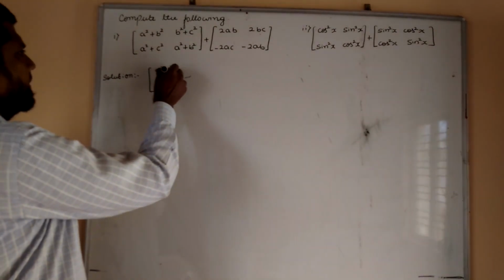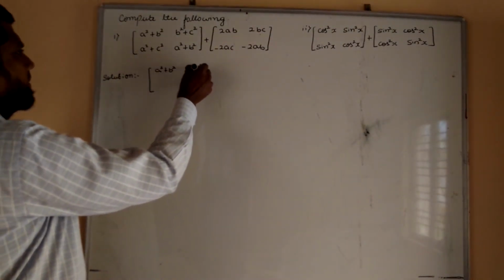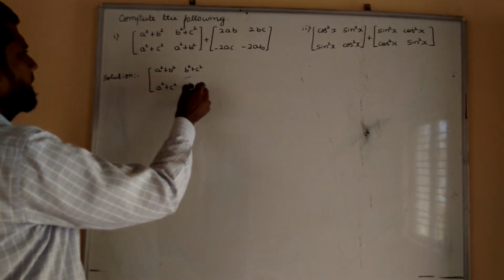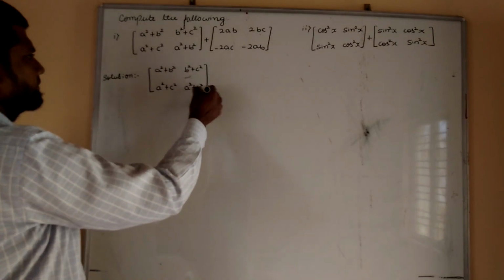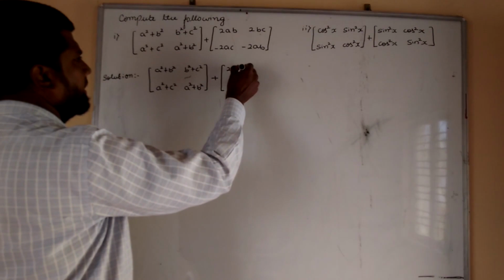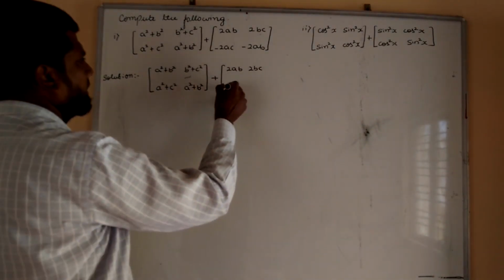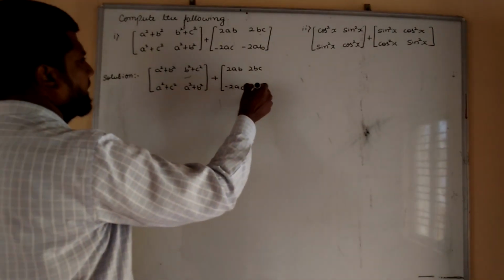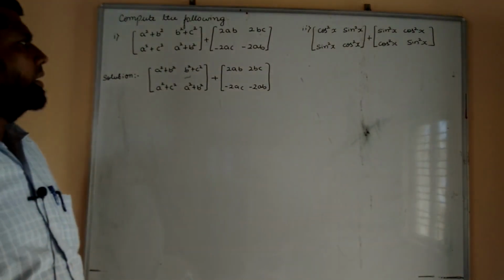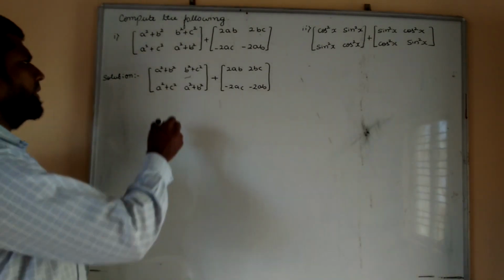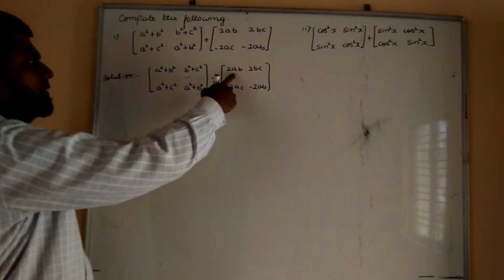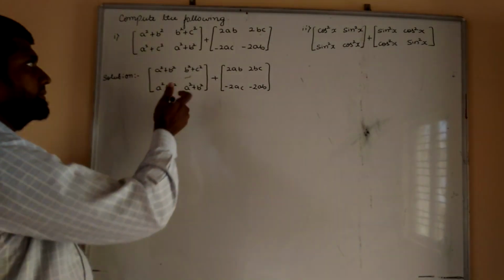A square plus b square, plus c square, a square plus c square, a square plus b square, plus 2ab, 2bc, minus 2ac, minus 2ab. So you know the method of solving the addition of two matrices. First, the corresponding element is added to the corresponding element of the other matrix.